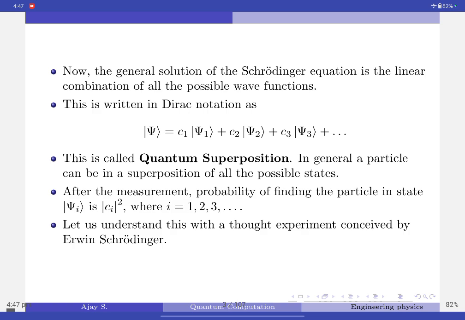For example, it could be in the state psi 1 with probability modulus c1 squared, or it could collapse to the function psi 2 with probability modulus c2 squared, and so on. Now let us understand the quantum superposition with an example, a thought experiment conceived by Schrödinger.